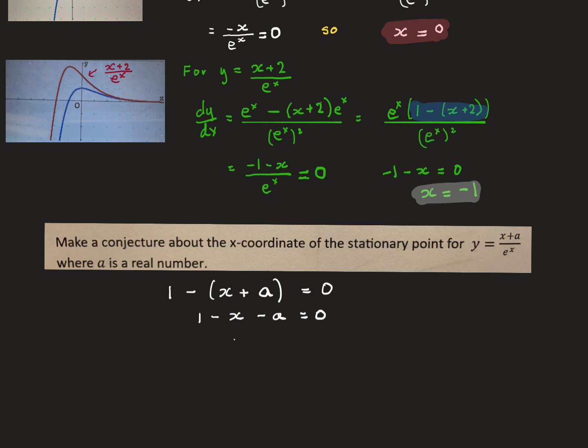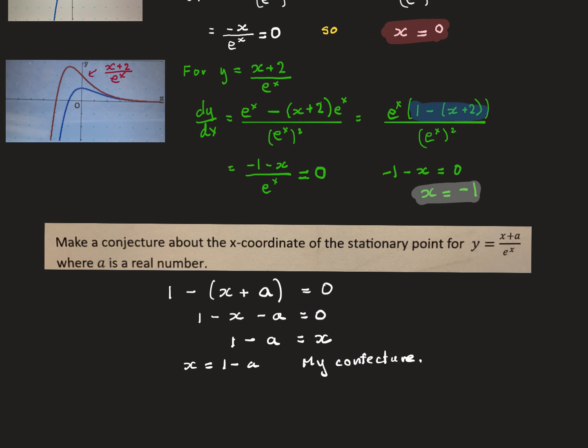And that means that 1 minus a is equal to x. Now this is my conjecture, that x is equal to 1 minus a, my conjecture. But if I'm having trouble with this conjecture, then what I can do is cheat.